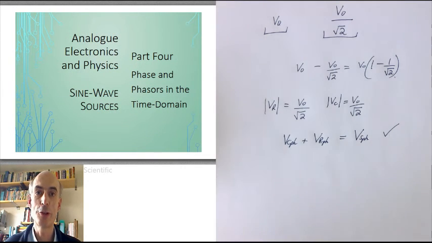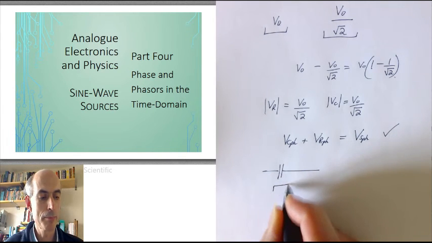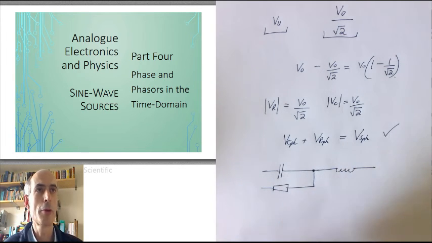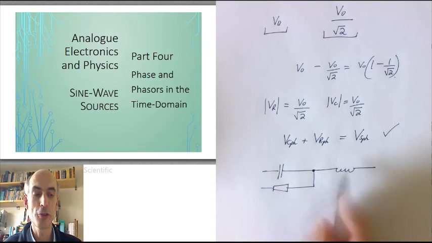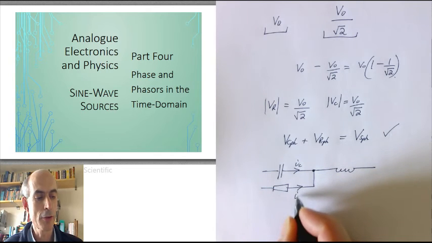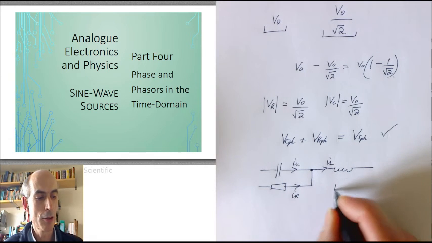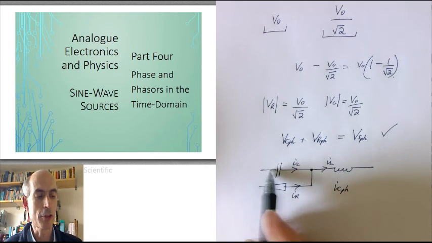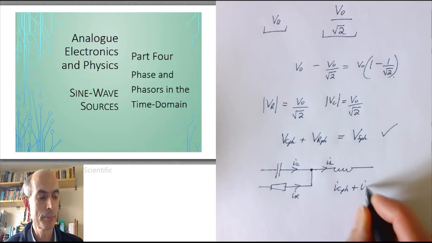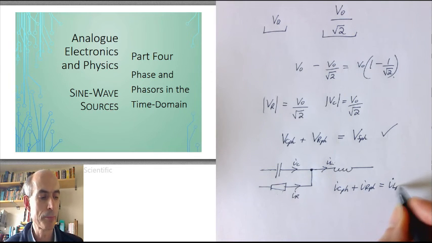This, of course, is equally true for currents. If we had some component here and another component here in our circuit and another component there, and we were trying to solve this circuit using nodal analysis, and we had a current through the capacitor, a current through the resistor, and a current through the inductor, what we could say is that the phasor representation of this current plus the phasor representation of the current through the resistor is equal to the phasor representation of the current through the inductor.